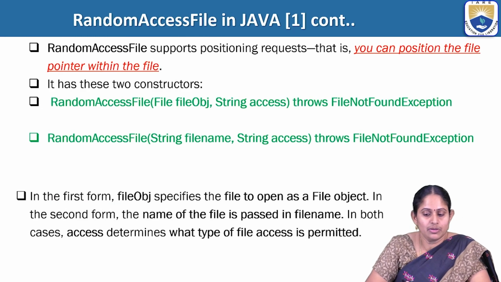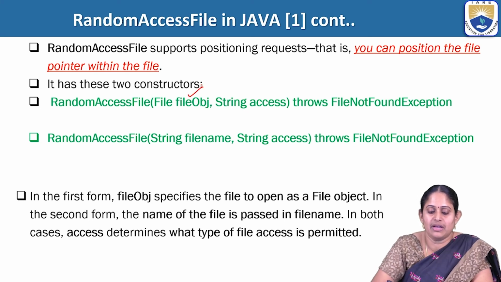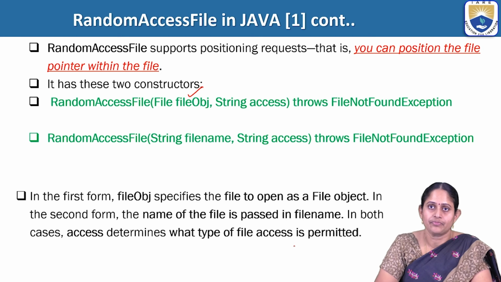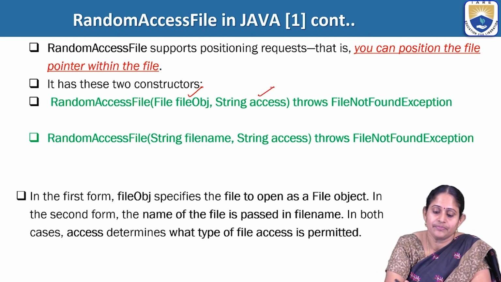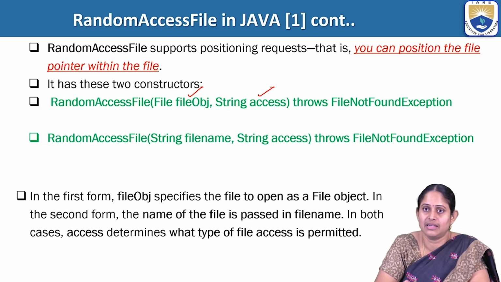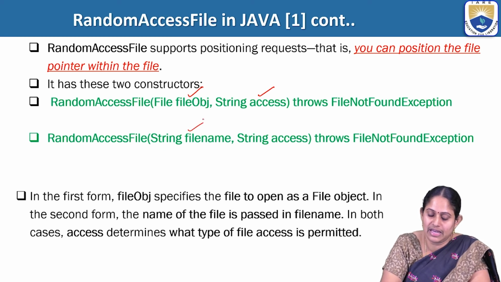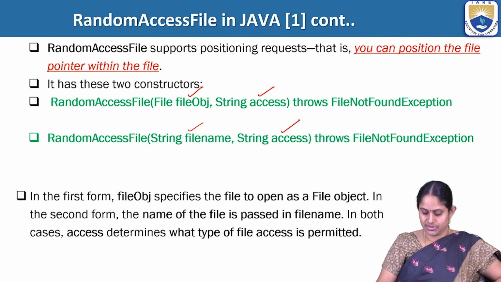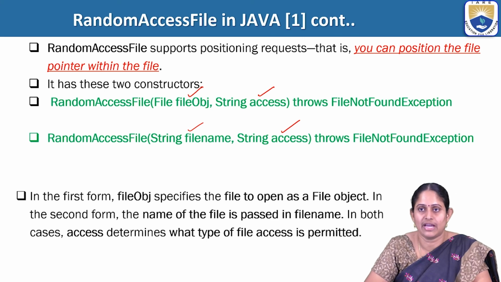These are the two constructors which we use to create a RandomAccessFile. In the first case, we pass two parameters. The first parameter is the file object, and the second is the type of access which is permitted, which may be read mode, read-write mode, etc. Similarly, we can pass a file name as a string and specify the mode of access.